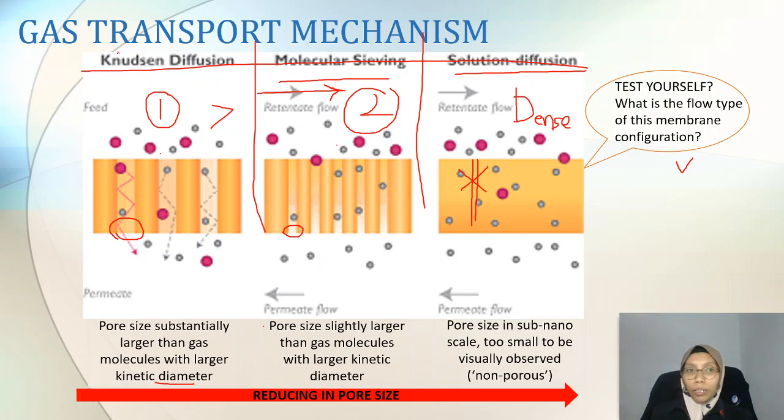Remember, Knudsen is bigger, molecular sieving is slightly bigger, but in dense or solution diffusion, the pore size is too small, or we call it non-porous because we cannot see it by naked eye or even using SEM testing.